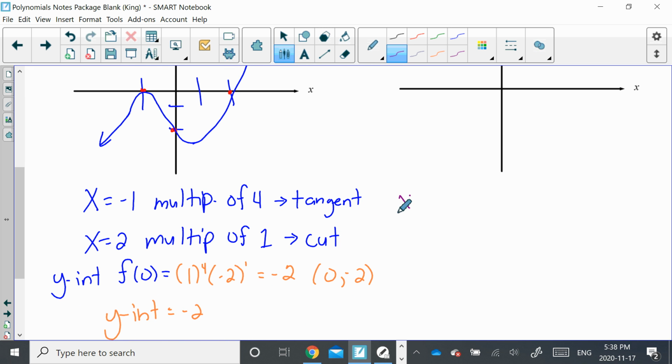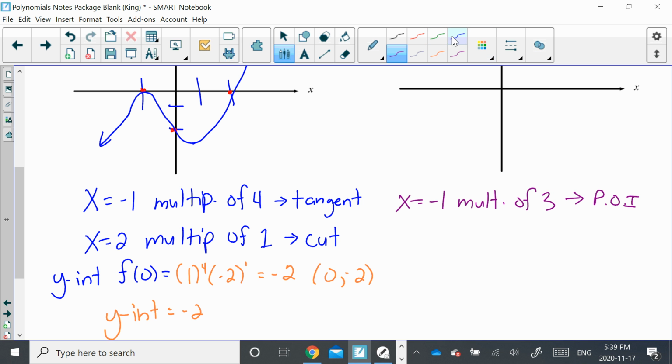So we have x is equal to -1, multiplicity of 3, and that is going to be a point of inflection, POI. So at -1, we're going to have a point of inflection. Whenever you have a multiplicity of 3 or 5, we're going to have a point of inflection.